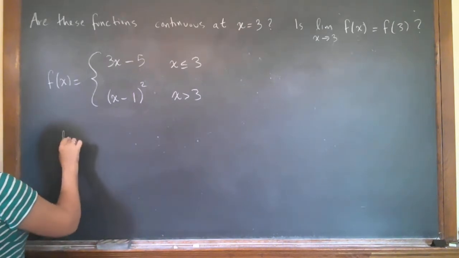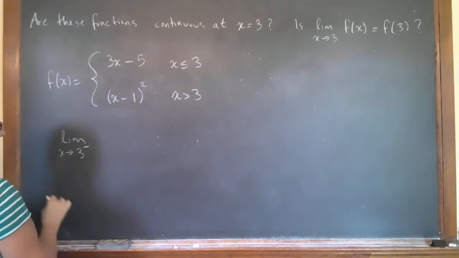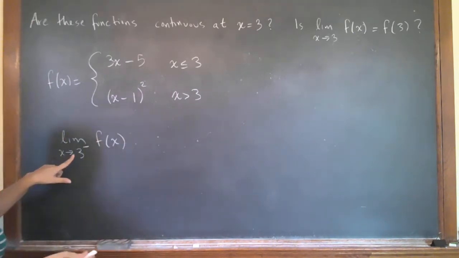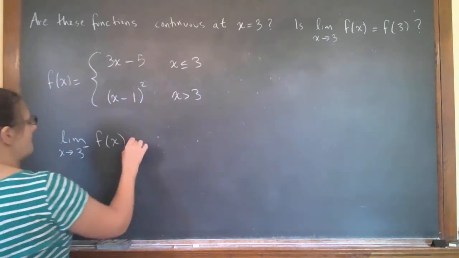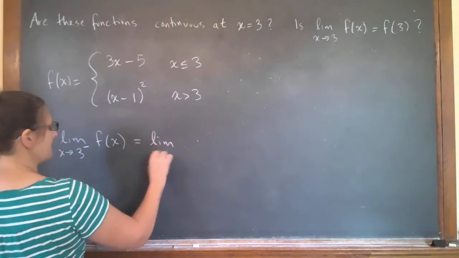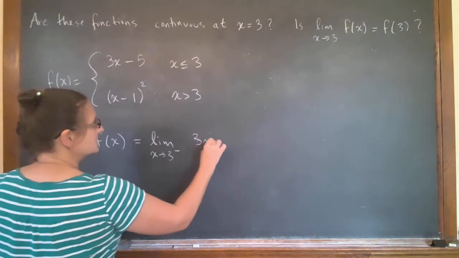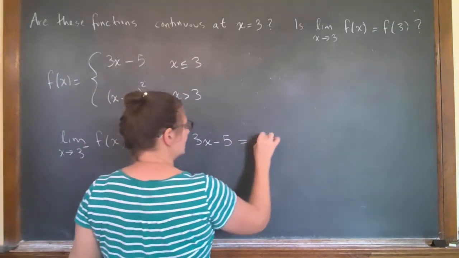Okay, so let's see. Limit as x goes to 3 from the left of my function f of x. From the left is numbers less than 3, so that would be my first one here. So that's just 3x minus 5. So I stick in a 3. 9 minus 5 gives me 4.